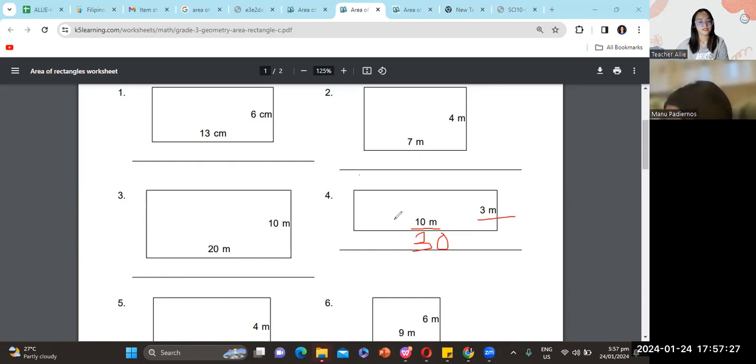Is it 30 only? Meter square. Okay, and then you put also the m squared, of course.